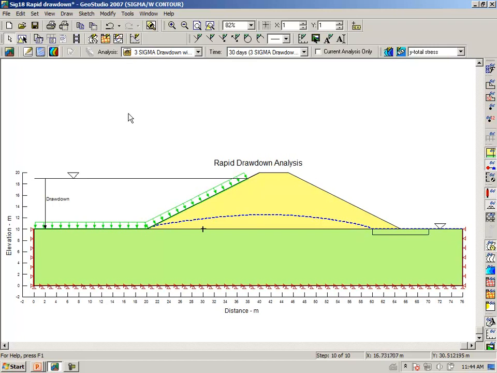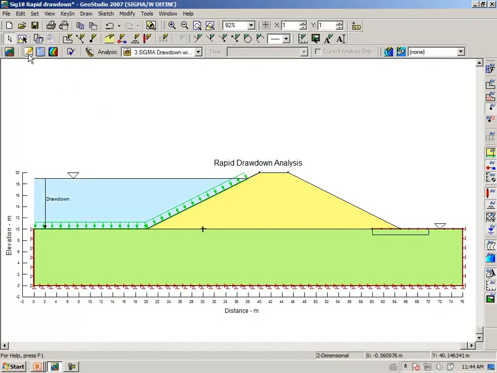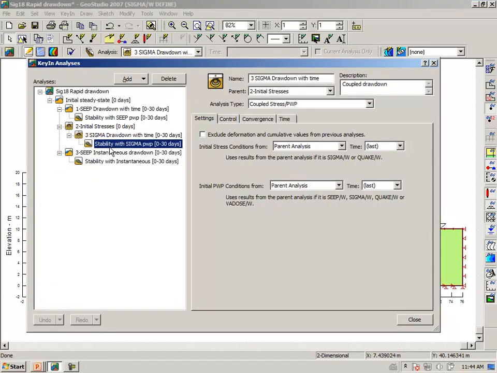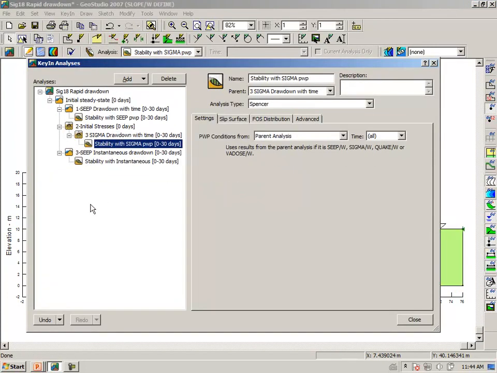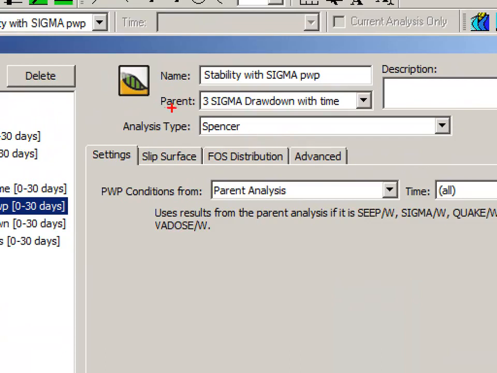Now, obviously, the major point of interest in here is what is happening with the stability of the embankment during the rapid drawdown. We can now go to a slope stability analysis, and notice that we are doing a SLOPE/W analysis.